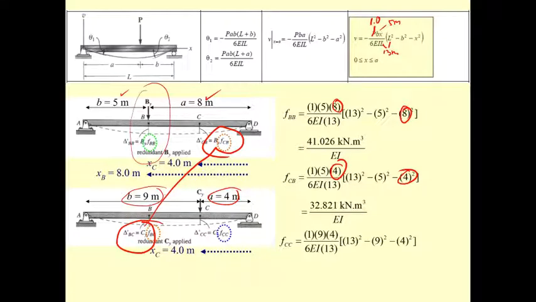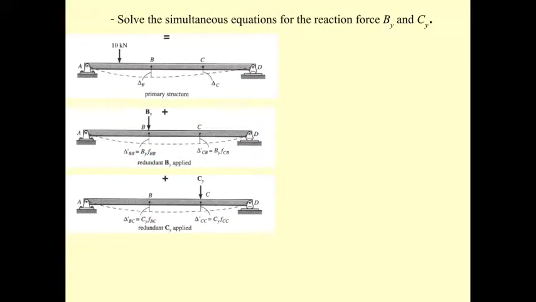This one is the force P, and B is here, 9 meter, and X is measured from here to here. This is L, and the B and the X. You get F sub CC of 32.231.